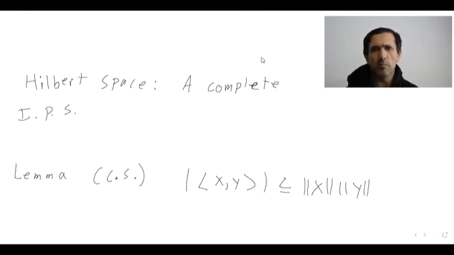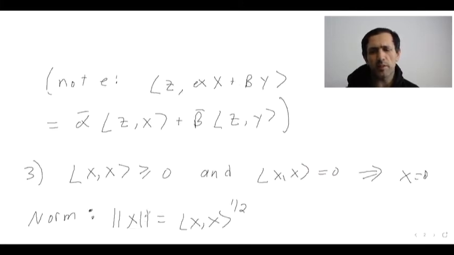By this I mean (x, x) to the 1/2 times (y, y) to the 1/2. Even though I don't know it's a norm yet, when I write this, I mean (x, x) to the 1/2.